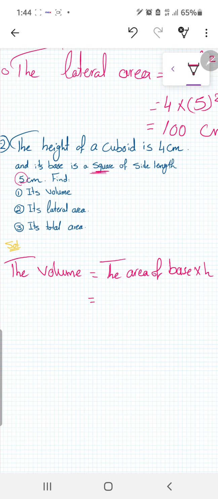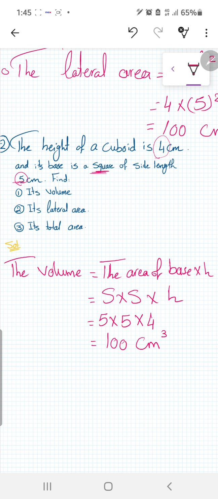Here, the base is a square, so area of a square, which is side times side, times the height. By substitution, here side length is 5 centimeters, so 5 times 5 times the height, which is 4. In your calculator, the result will be 100 centimeter cubed because we talk about the volume.